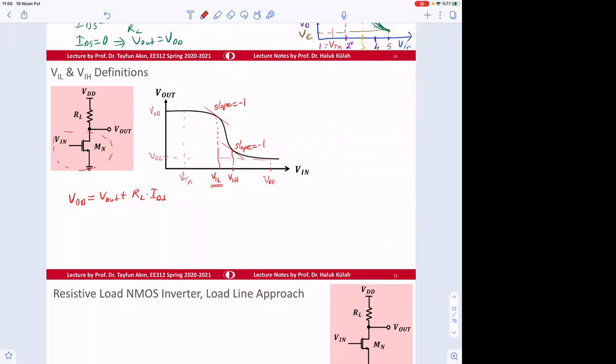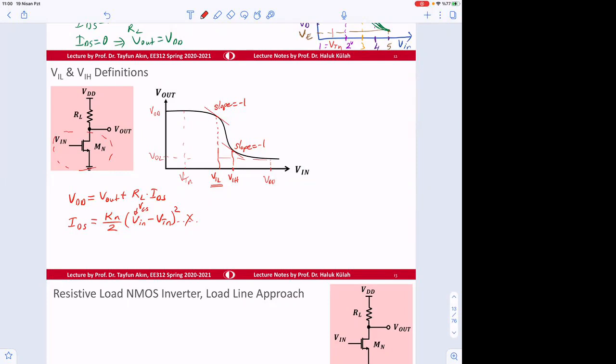That equation is going to be IDS equal to Kn divided by 2 times V gate to source, which is V in minus V threshold of N, squared. So I don't need to write the rest; those are necessary maybe to find RO, but they are secondary effects.